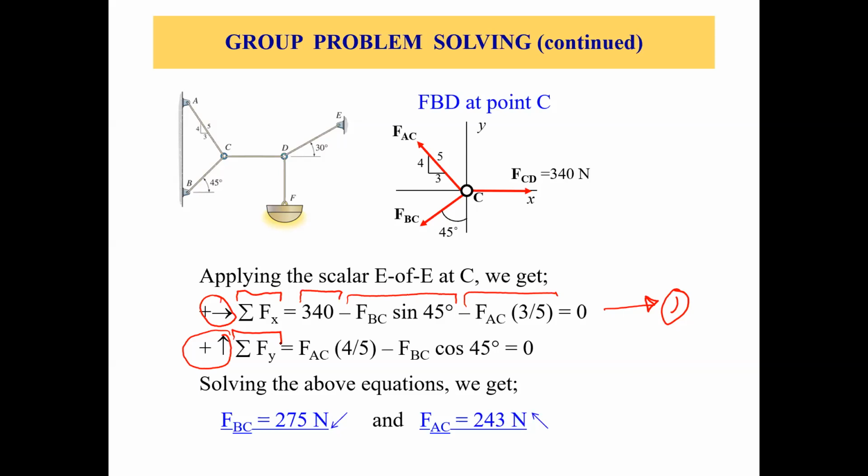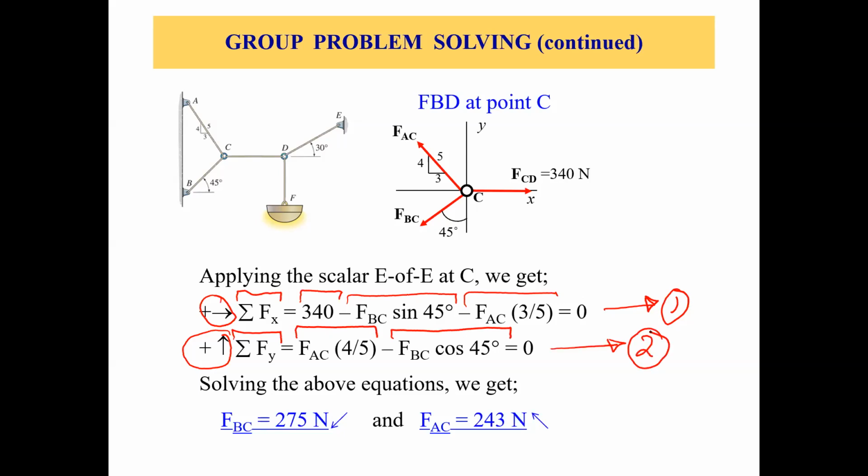We have a component of FAC and a component of FBC: FAC times 4 by 5 and FBC times cosine of 45. FAC times 4 by 5 is positive because it's acting upward, and the y component of FBC, FBC times cosine of 45, is negative because it's acting downwards. This will give us our equation 2.